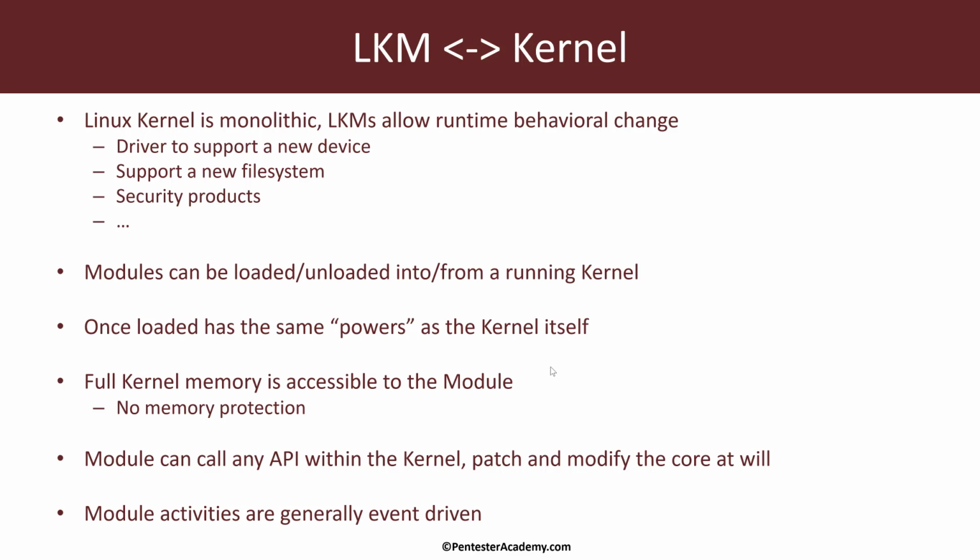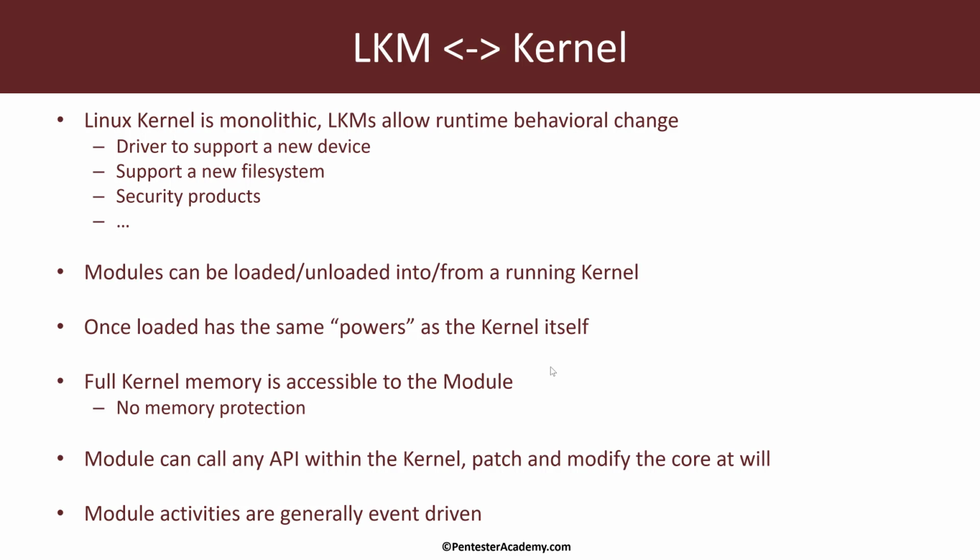Now, the great flexibility with LKMs is, use them only when you need to. So the core monolithic kernel contains all of the extremely important subsystems like memory management, scheduling, and all of that, which are required for the system to run. And optional components, which is basically LKMs, are used whenever we need more functionality.